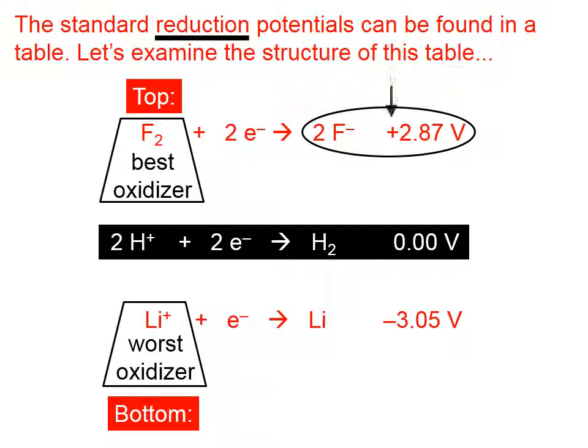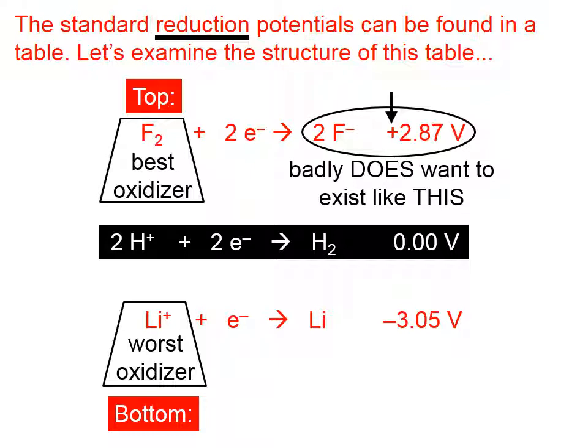If you look at the sign of the reduction potential, that sign indicates whether or not the atoms in that reduction equation want to be as they are shown on the product side or not. This positive sign indicates that fluorine badly does want to exist as the fluoride ion.